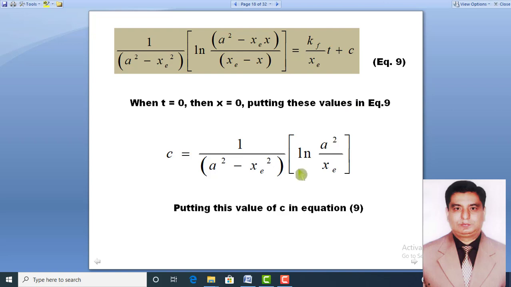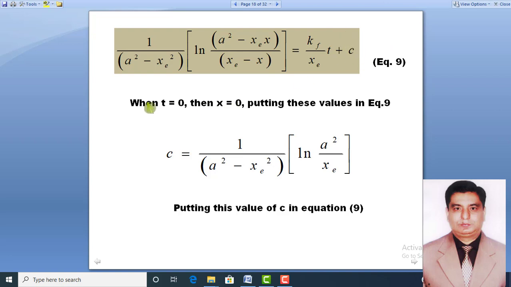Dear students, just like our previous lectures, now we will find the value of c by putting the initial condition, when t was equal to 0, x was equal to 0. So we get c equal to 1 over a² − x_e² into log natural of a² over x_e, and we put this value of c back into equation number 9.